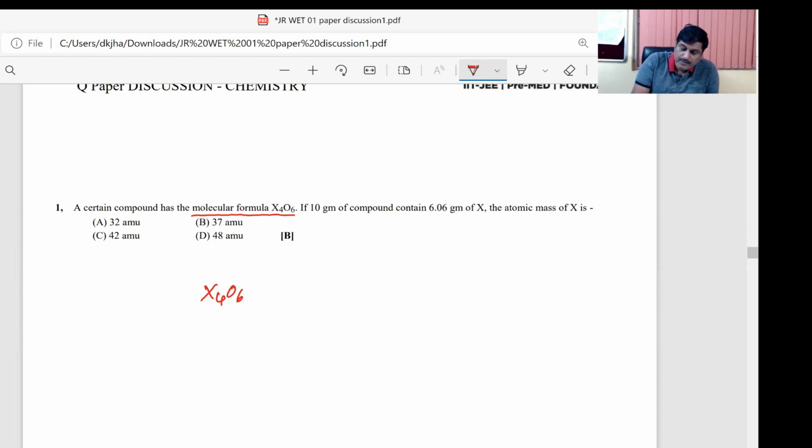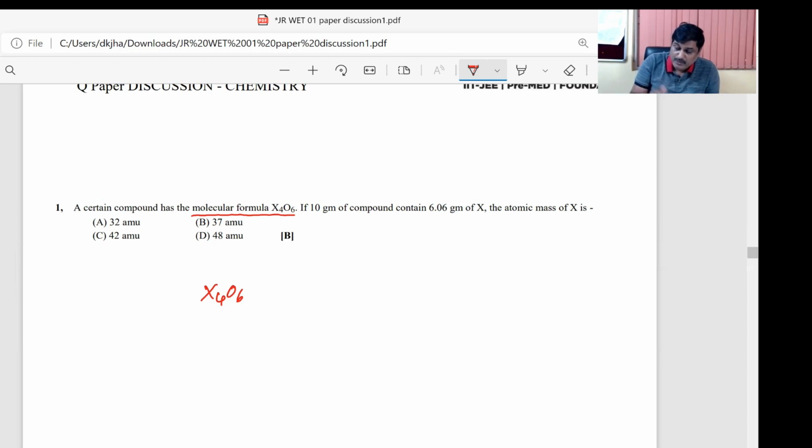One thing you see: we can find here the percentage of X. If 10 gram of compound has 6.06 gram, then 100 gram of the compound contains, that we can find. In 100 gram, what weight of X is there? That is its percentage.